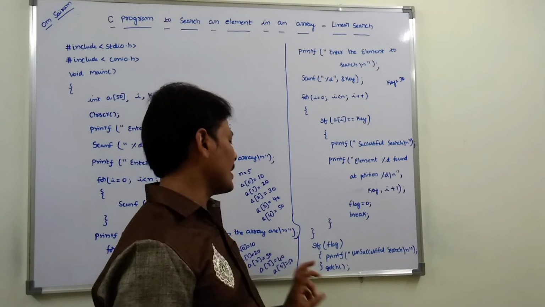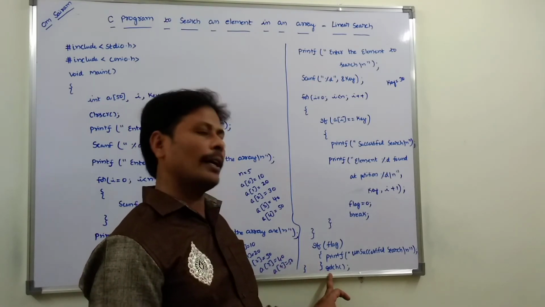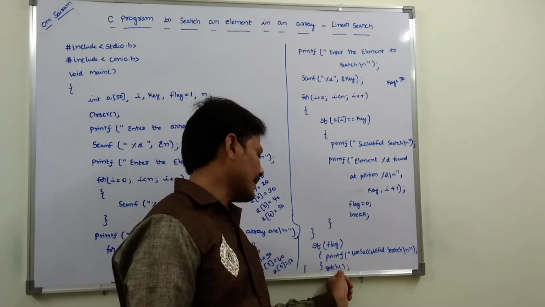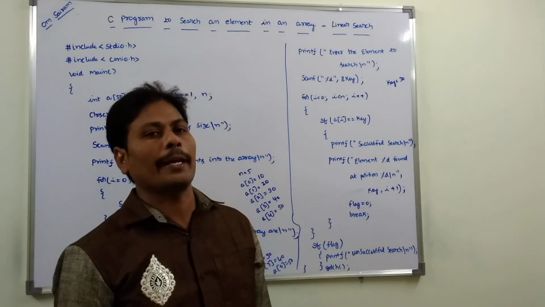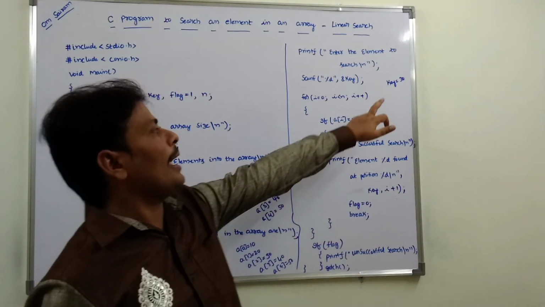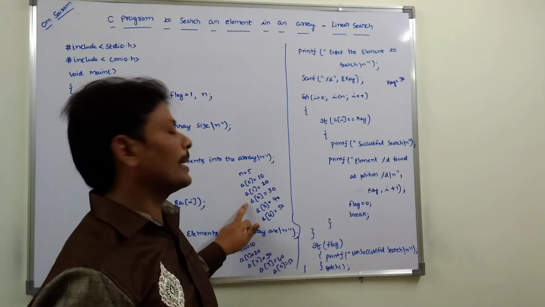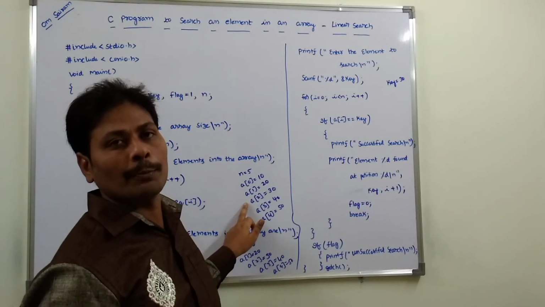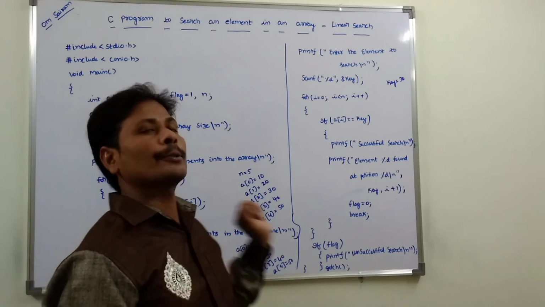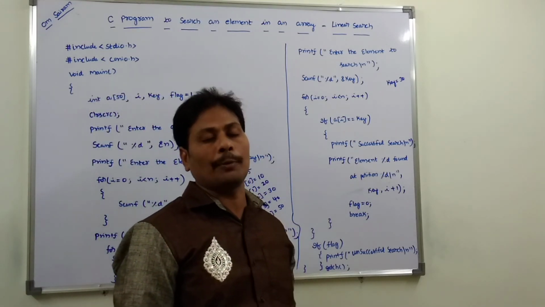If the condition is false, then go out of the if block, that is getch, main close. So here our key element is 30. 30 is found at the 3rd position, that is the I plus 1th position. I value is 2, so 2 plus 1, that is the 3rd position.